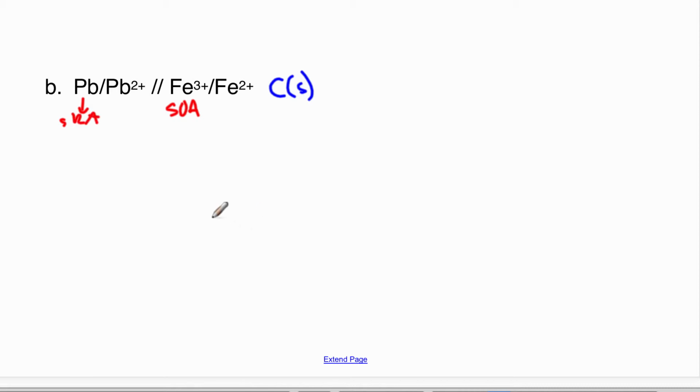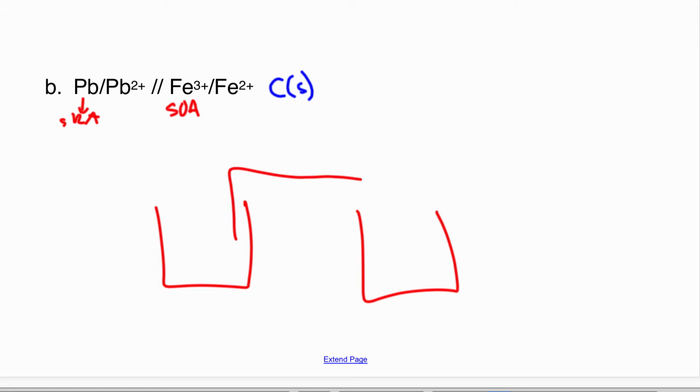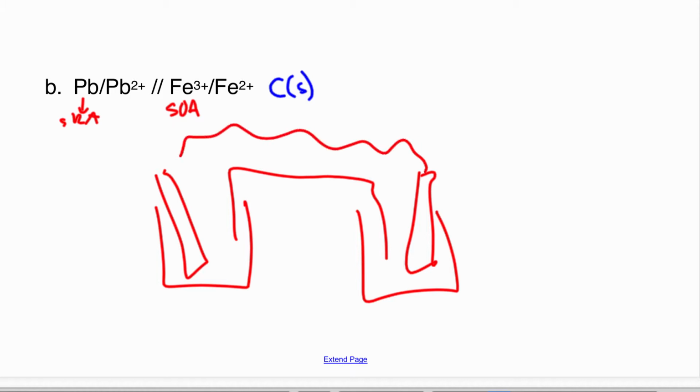All right, so to make my cell, beaker, porous cup, electrode, wire. Okay, my SOA goes in solution here, so this will be Fe3 plus. And then, oh, this is the one that has the inert one.